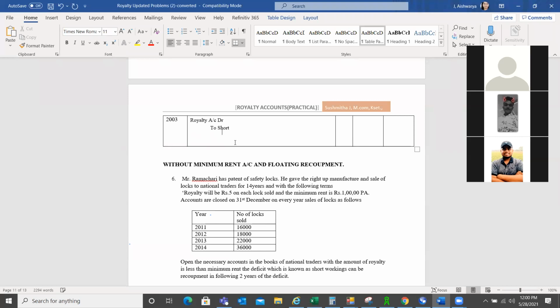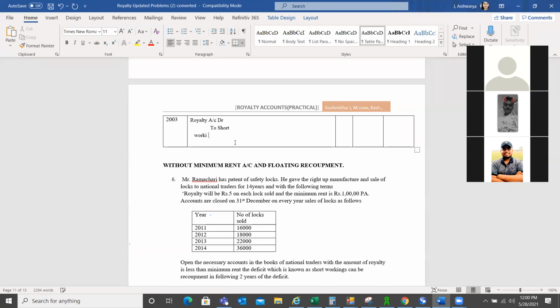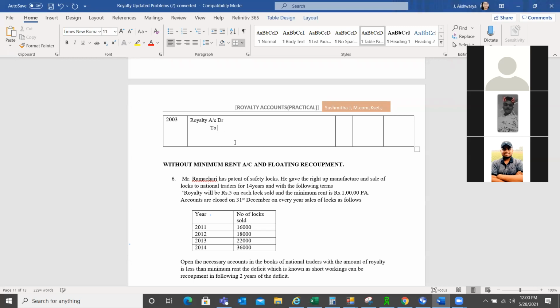Royalty account debit, to short workings account. Please, when we complete, write down the journal entries.